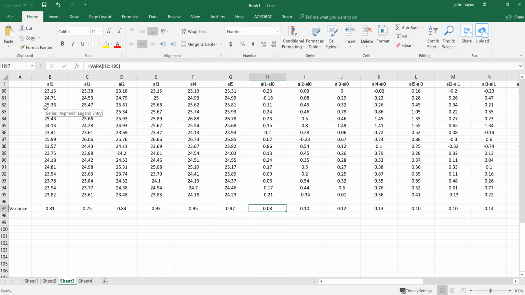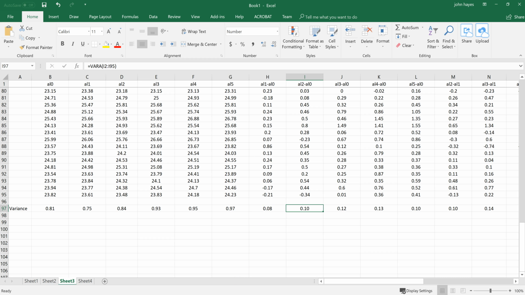The fact that these numbers are so small means that AL1 minus AL0 is pretty close, and the variance is small around that, whereas just taking the overall variance is different. There's no reason to expect these would be this close if they were independent. They're clearly not. They're much smaller. And so that's the correction that's being made. The fact that these are so much smaller means they're related to each other.